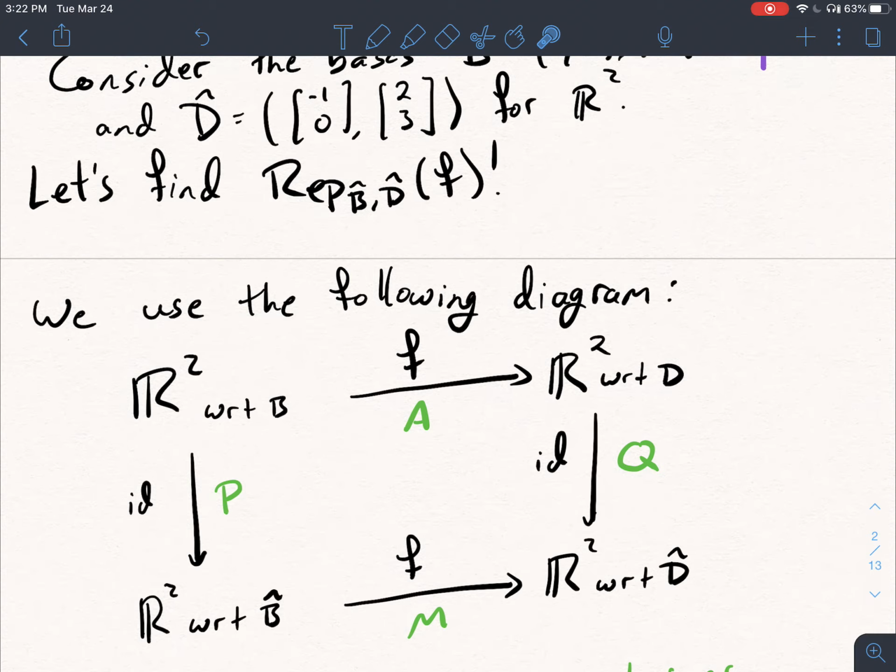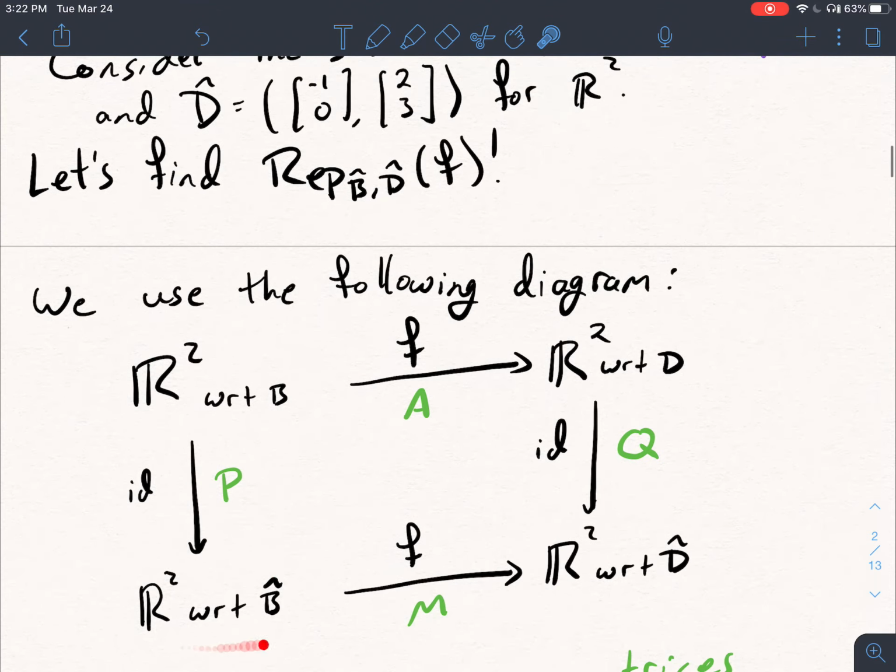And F is represented by the matrix A with respect to the bases B and D. And that's why over here I put R2 with respect to B, and over here I put R2 with respect to D. So A represents F with respect to B and D.